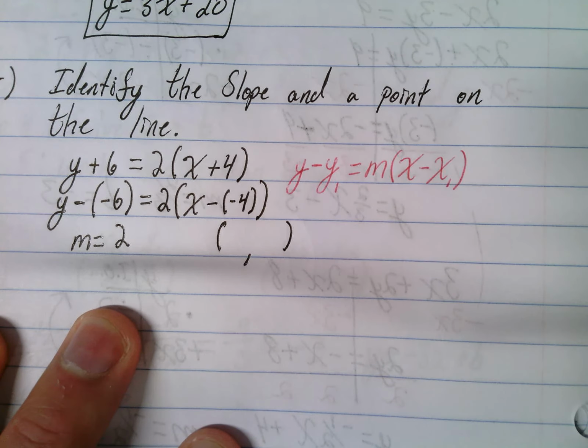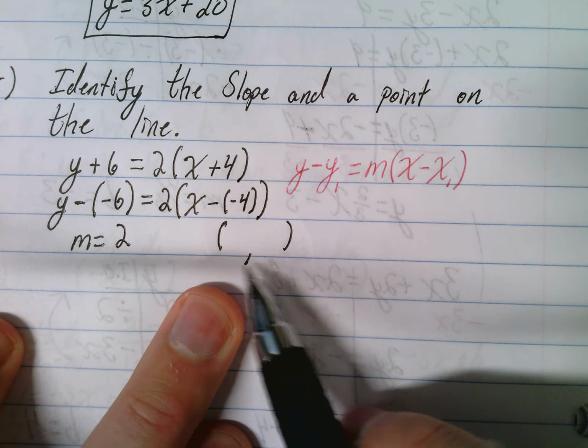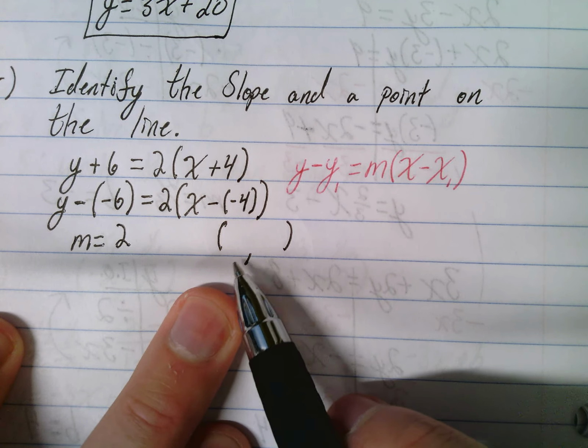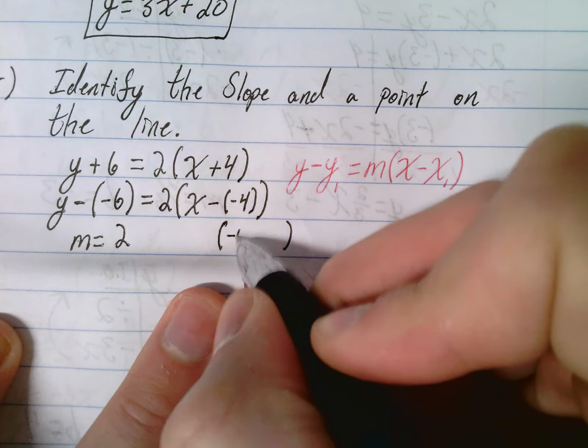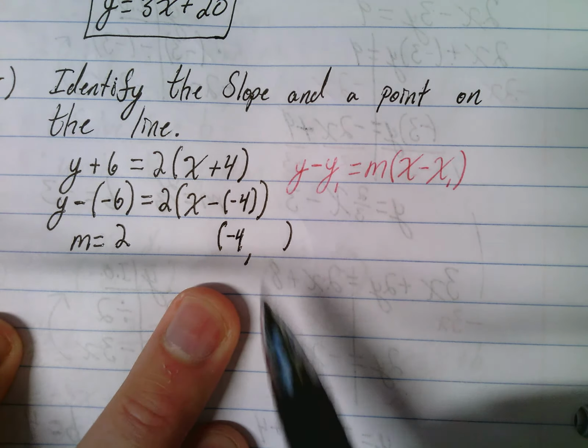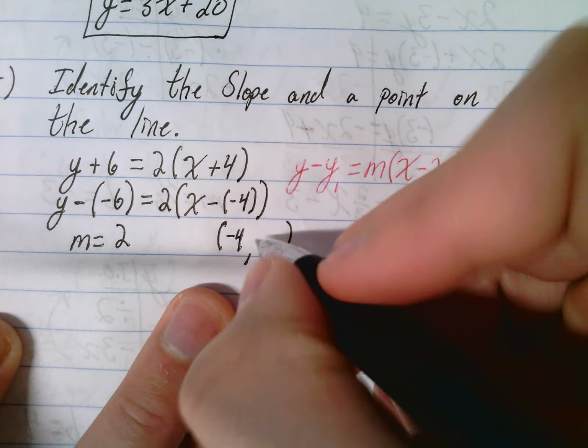Negative 4 and it would be negative 6. And which one's which? Which one comes first? Or it's negative 4. It's negative 4. Why is it negative 4, Lacey? Yeah, good. This is the x value, and x always comes first.